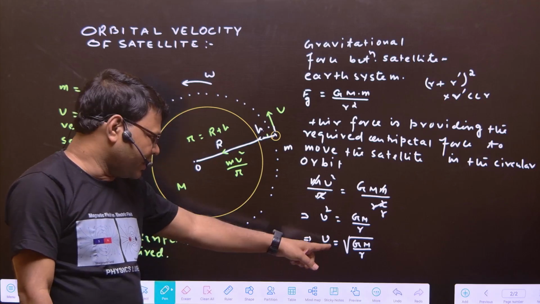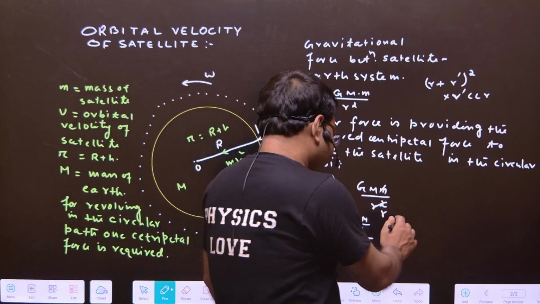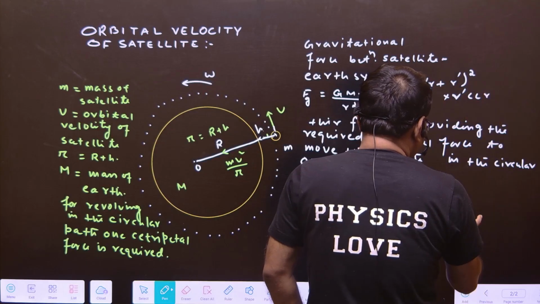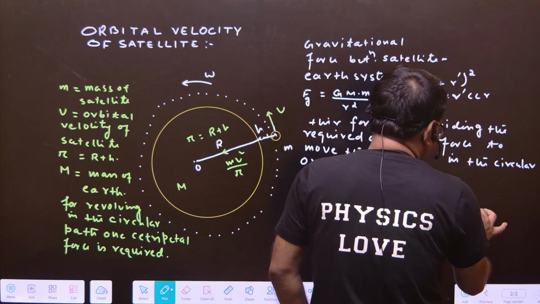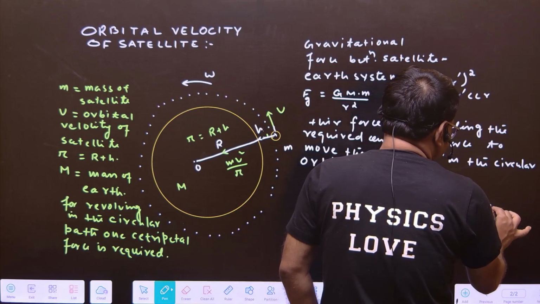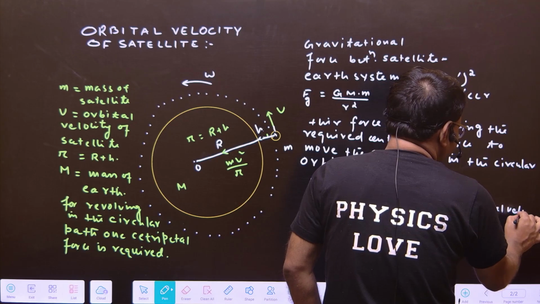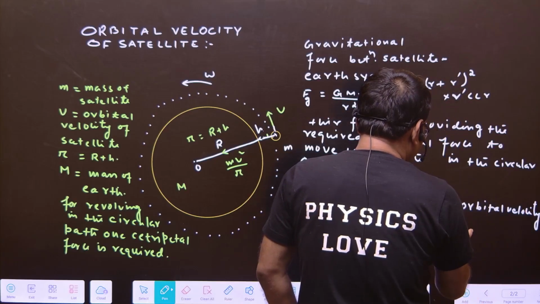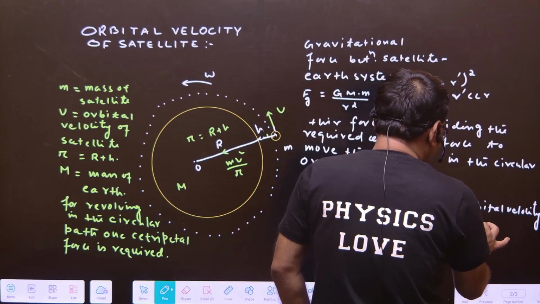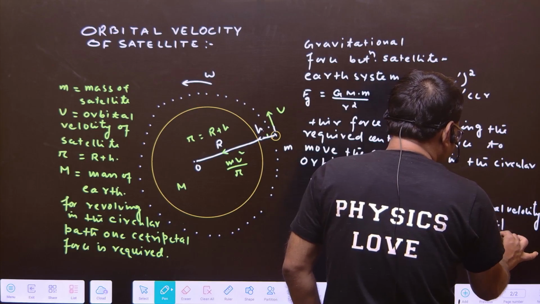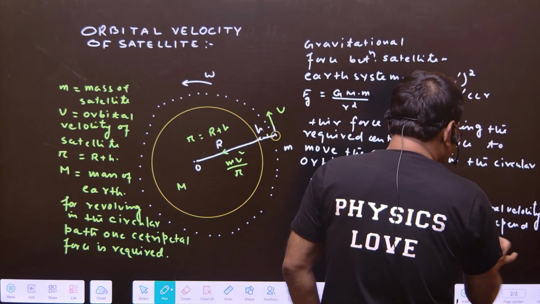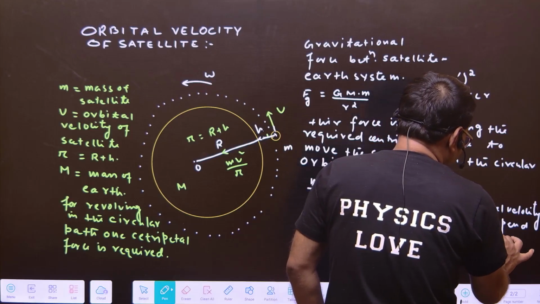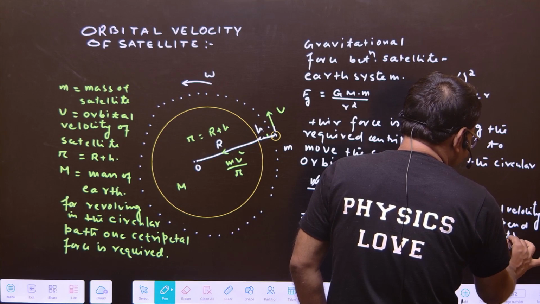Seeing this formula, I am writing here: orbital velocity does not depend upon its own mass.